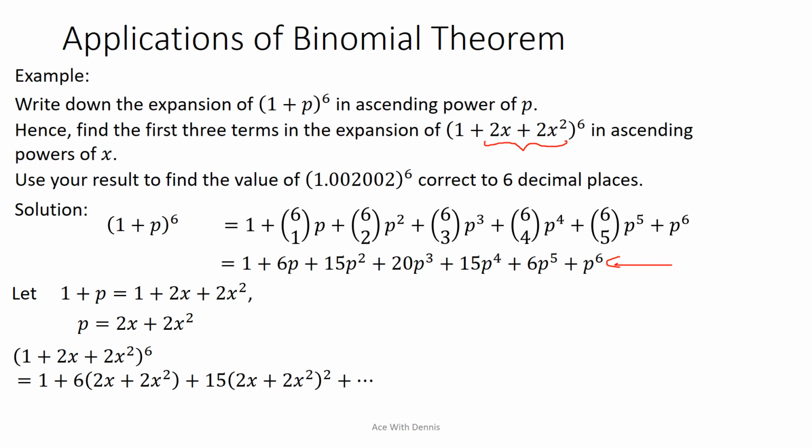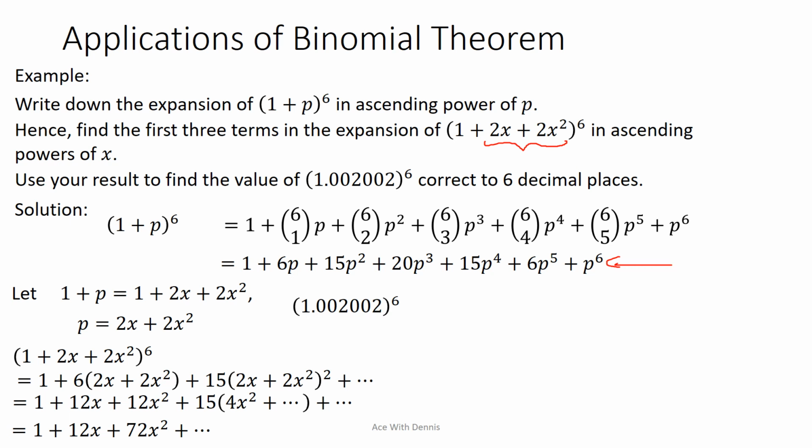Therefore, it's 1 + 6(2x + 2x²) + 15(2x + 2x²)² and so on. We get 1 + 12x + 12x² plus 15 times 4x², and so on.